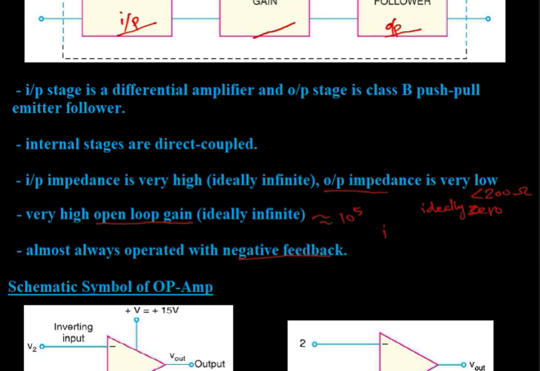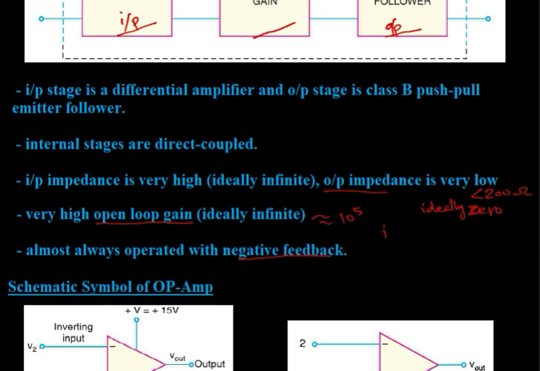The input stage is a differential amplifier, followed by a series of multi-stage common emitter transistor amplifiers which provide very high gain, and the last stage, the output stage, is a class B push-pull emitter follower.